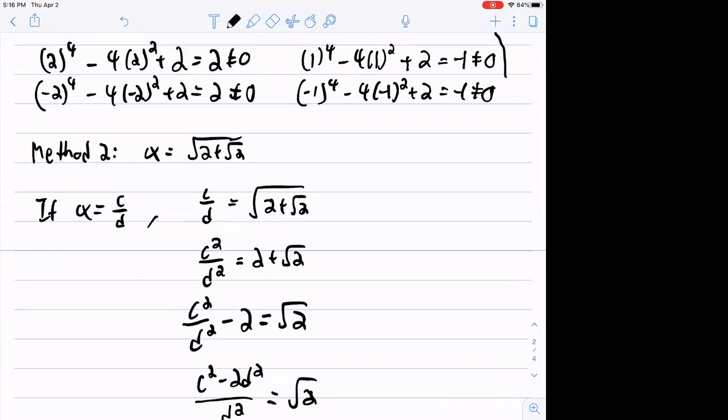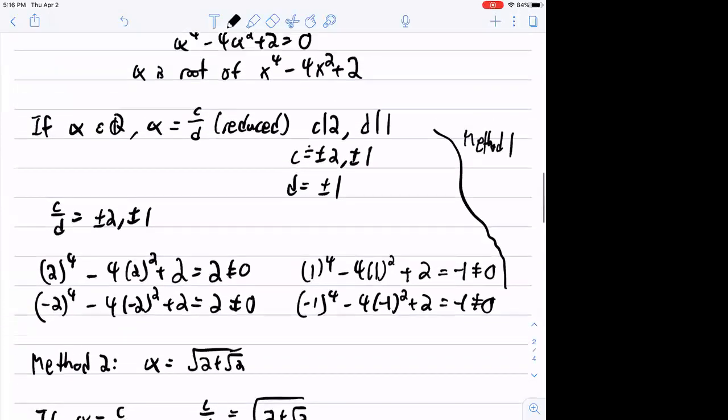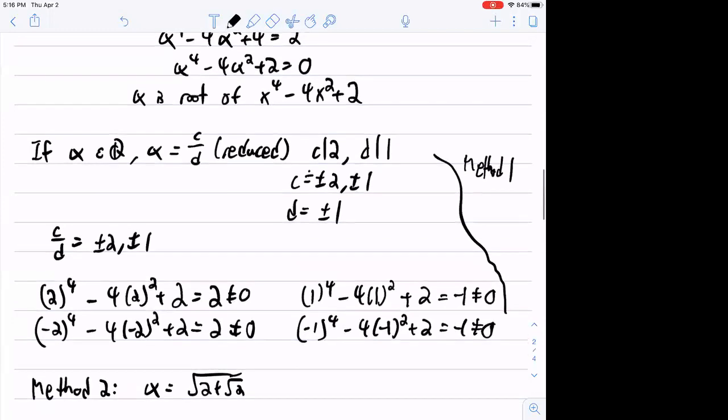Okay. Any questions so far? I had a question. If you scroll up, you stated that if alpha is in Q and alpha equals C over D, where C divides 2 and D divides 1, where did you get that part?